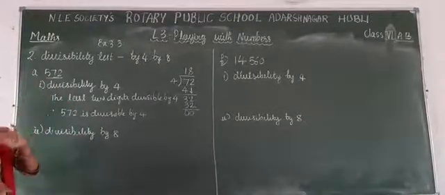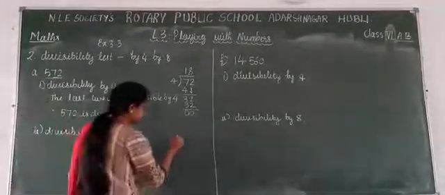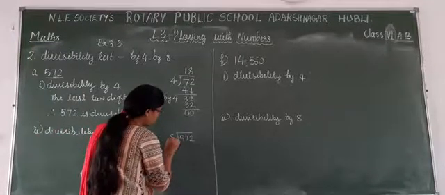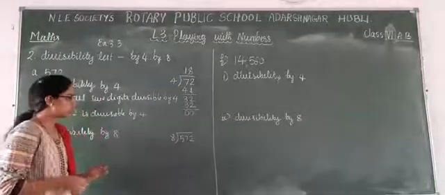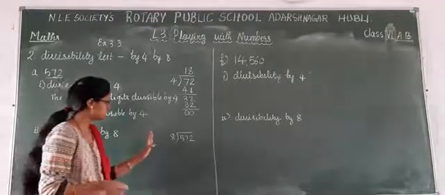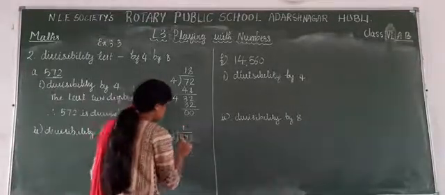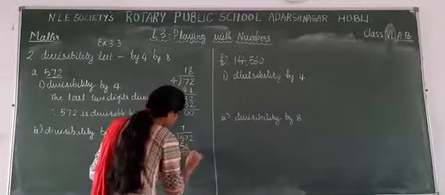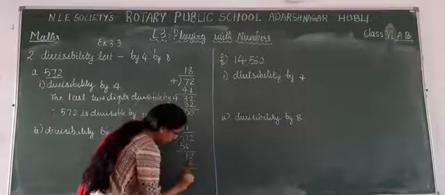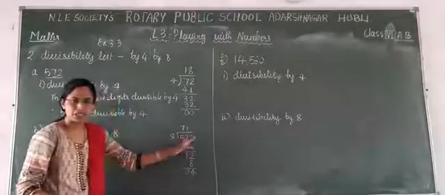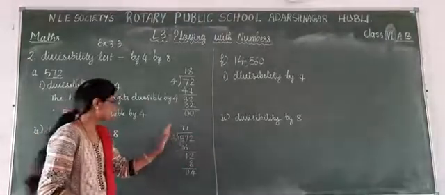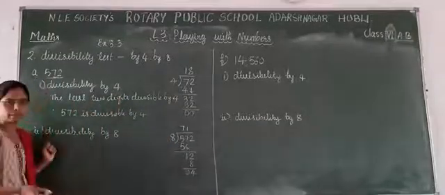Here the number has only 3 digits, so we can directly test. 572. 8 5s are 40, 8 6s are 48, 8 7s are 56. 8 1s are 8. Here 572 is not completely divisible by 8. Therefore, the number is not divisible by 8.